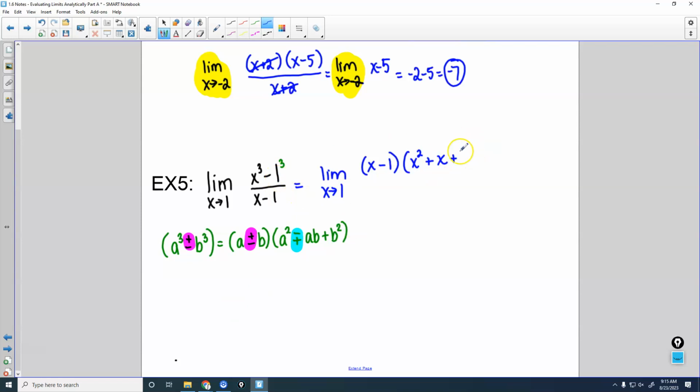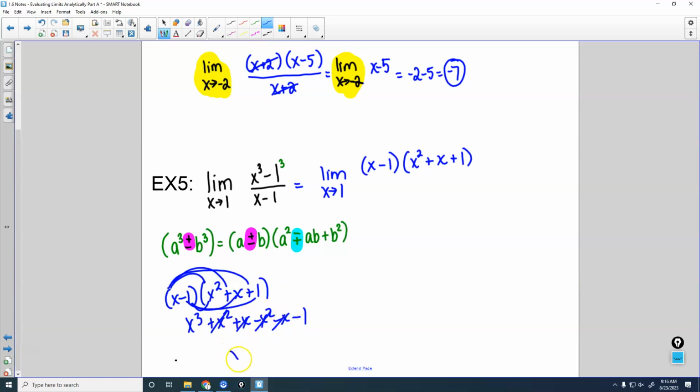Our b in this case is 1, so 1 squared just equals 1. If you don't believe me, if you think I made this up to torture you, if we multiplied it back, x cubed plus x squared plus x minus x squared minus x minus 1. These terms right here cancel. x cubed minus 1. If you just want to check to see if you did it right, you can multiply it back. So we have factored that.